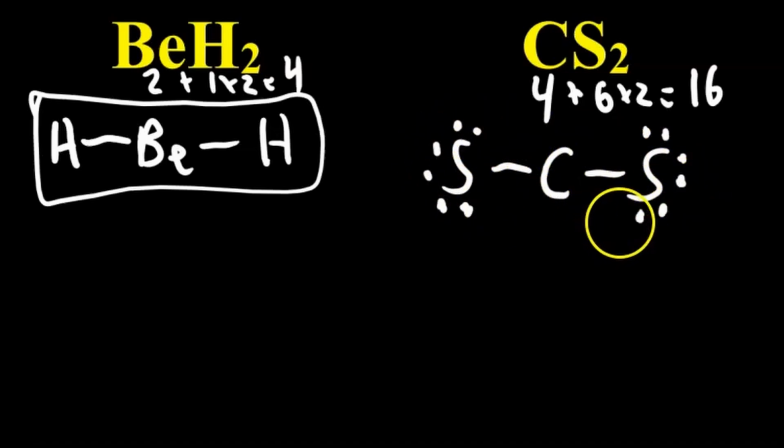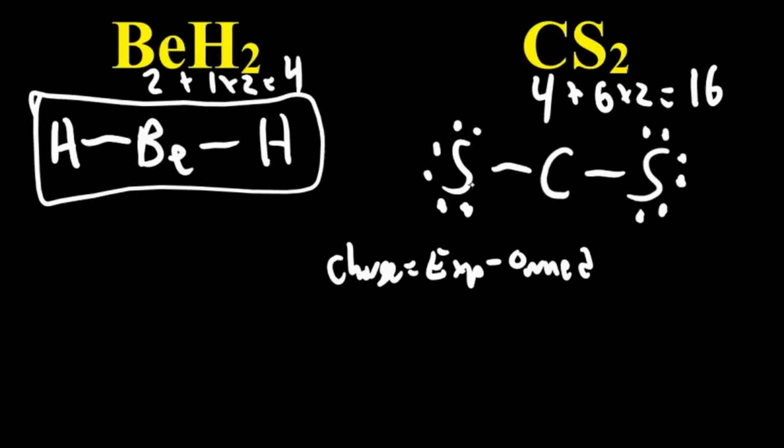Next step is to check the charge. And sulfur has 1, 2, 3, 4, 5, 6. It has 7 owned electrons, 1 from each bond. We expect there to be 6. The charge equals the expected minus the owned number of electrons. Well, we expect sulfur to have 6 based on the periodic table.